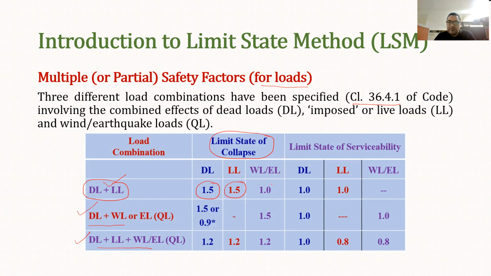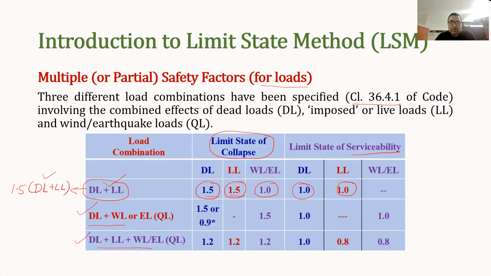The safety factor for wind load and earthquake will be 1. Similarly, in case of limit state of serviceability, the safety factor is 1 for dead load and 1 for live load. So the higher value will be adopted, which means 1.5 times dead load and 1.5 times live load will be taken. So the load combination adopted will be 1.5 times DL plus LL. That is the first case.